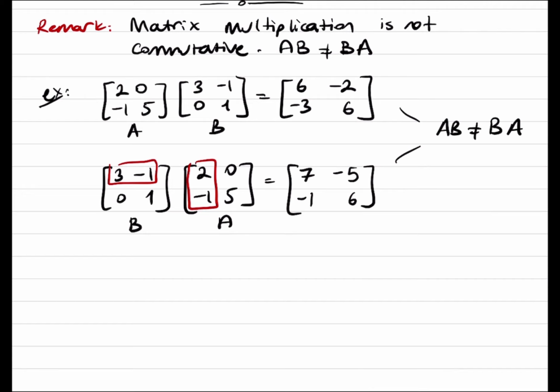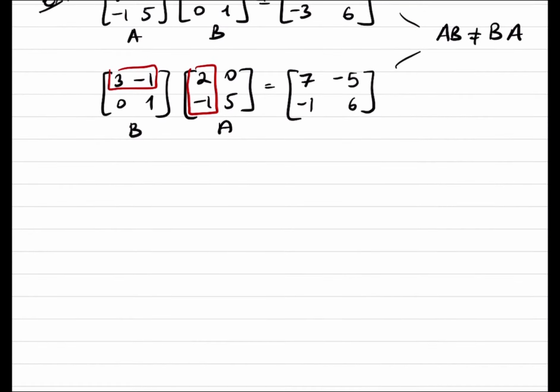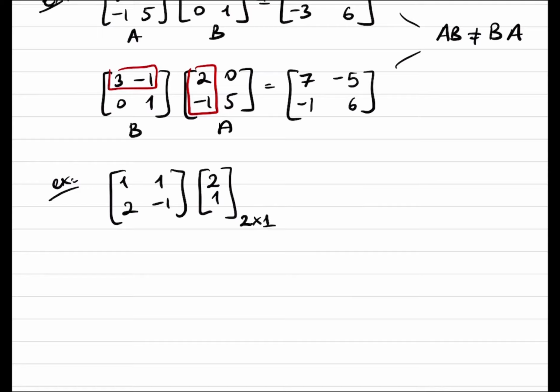So in general, we don't have equality. Okay, and sometimes we can multiply by just a 2 times 1 matrix.